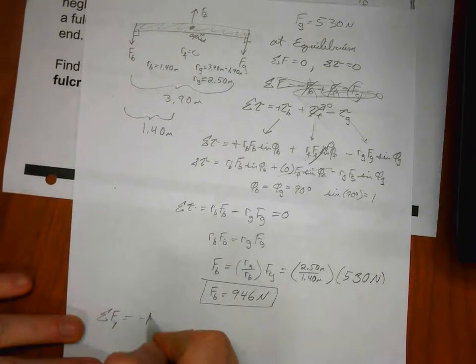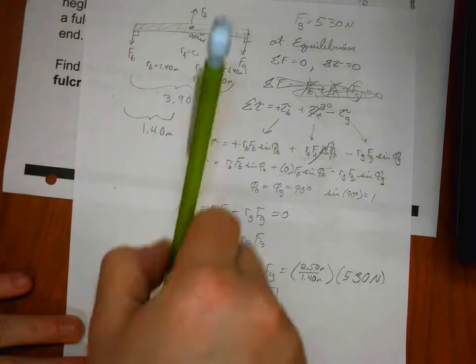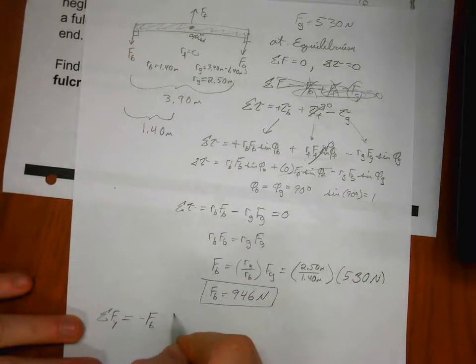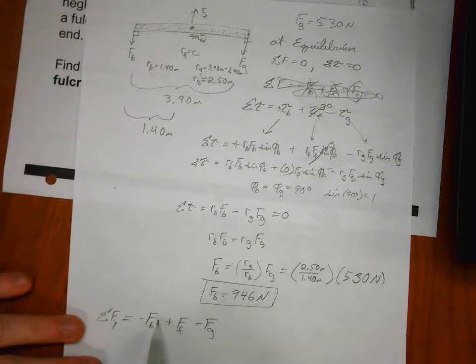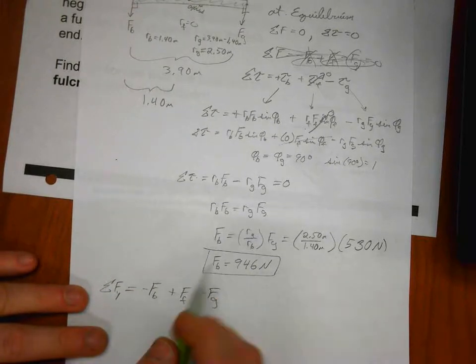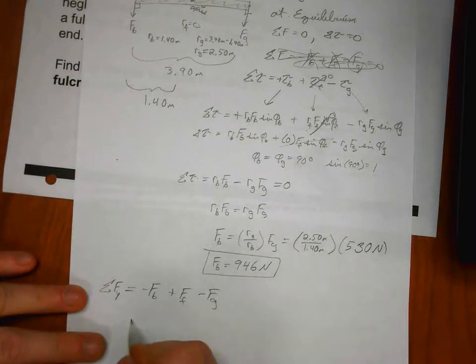So I have a negative F_B because it's pointing downward. I have a positive F of the fulcrum, and I have a negative F_G, the weight of the person. We know what F_B is because we just solved that. So let's solve for the fulcrum, which we don't know currently.